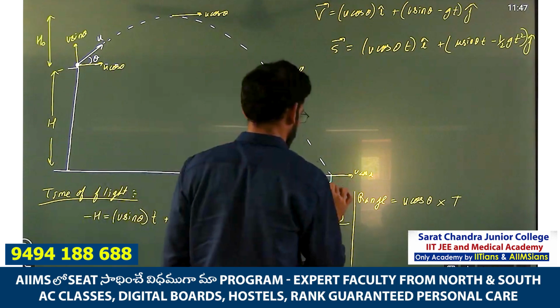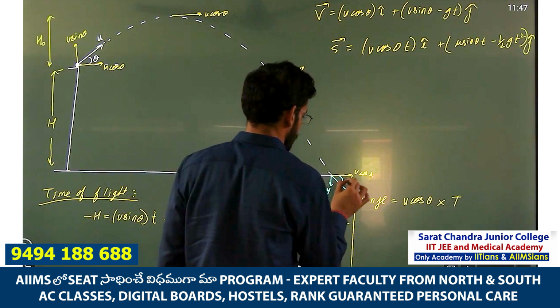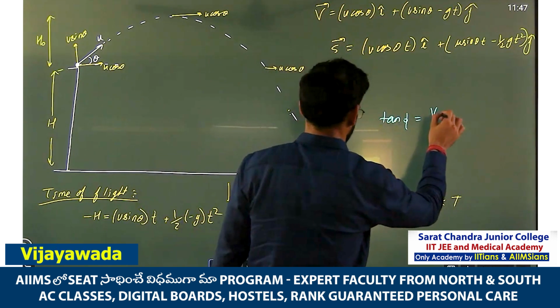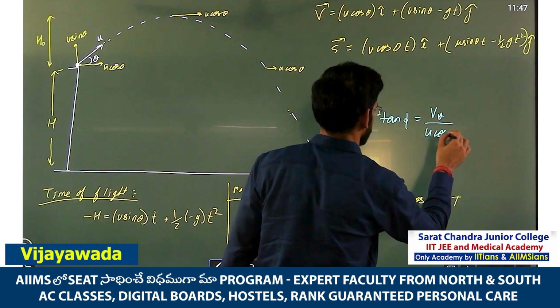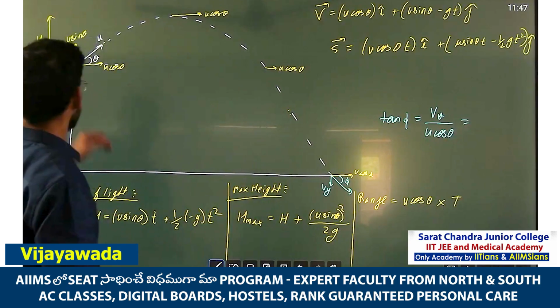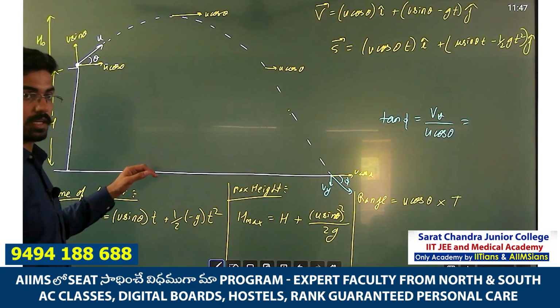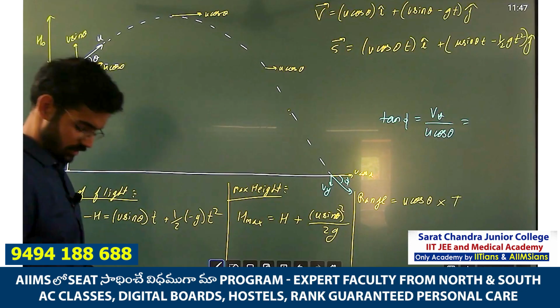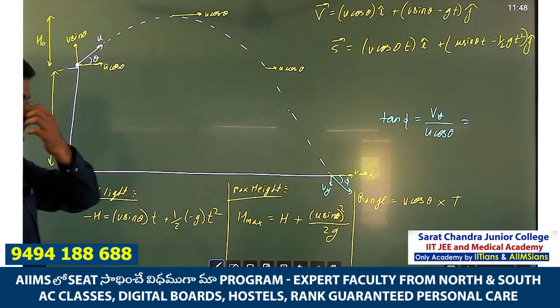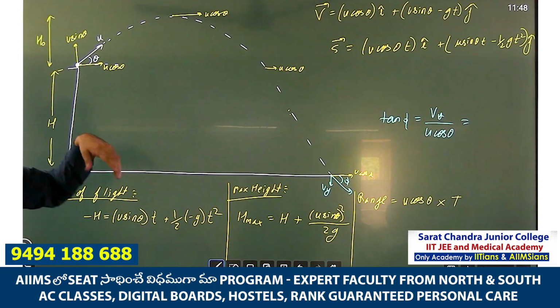Let's say this is Vy and it is hitting at an angle phi. So tan phi will be Vy by u cos theta. How much is Vy while hitting? I can say height h came down. How do you calculate? Initial velocity you know, final velocity you don't know; initial velocity, height and acceleration you know.